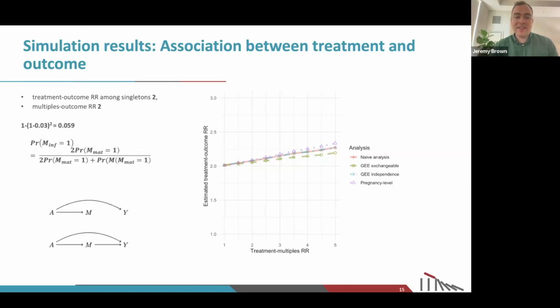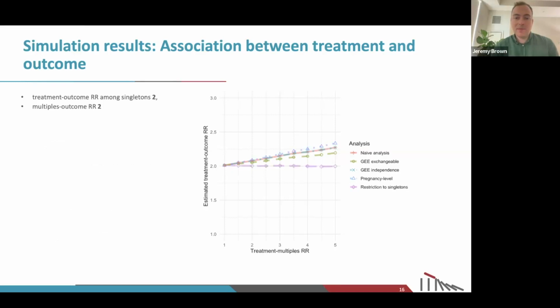And we're increasing, or perhaps even introducing, association between multiple gestation and outcome when counting at this pregnancy level. But we're also potentially reducing the association between treatment and multiple gestation. And here we can see the direct effect when restricting to singletons of 2.